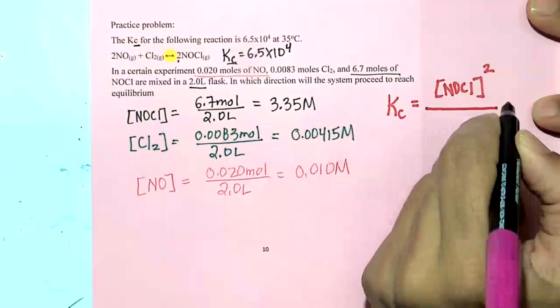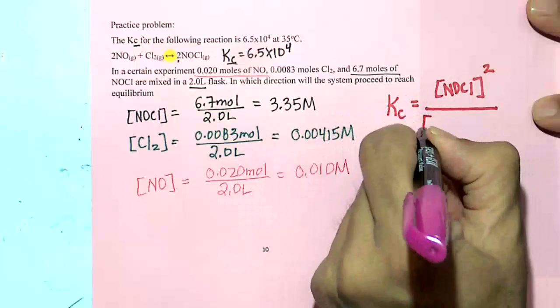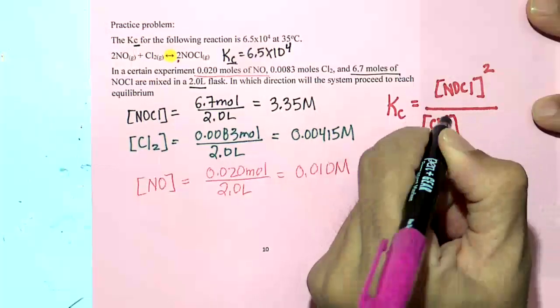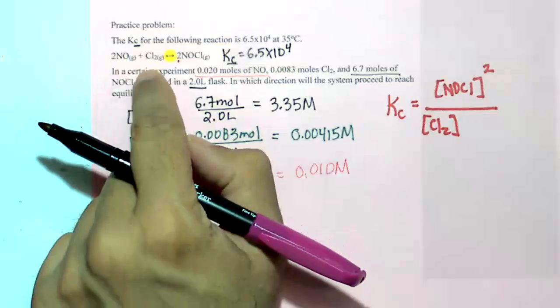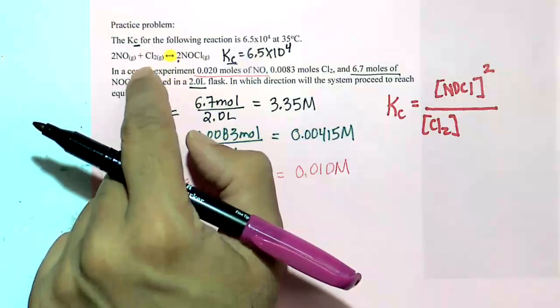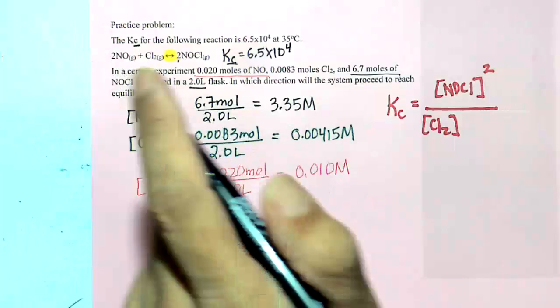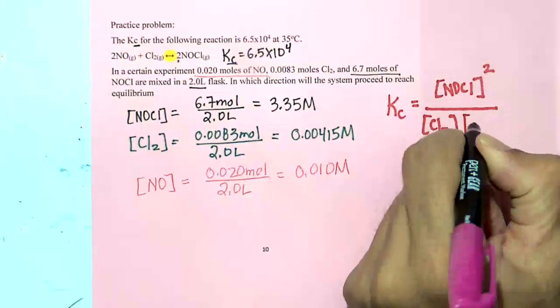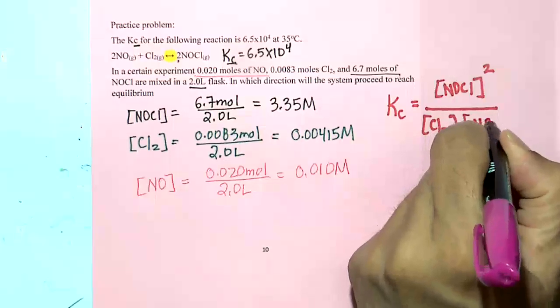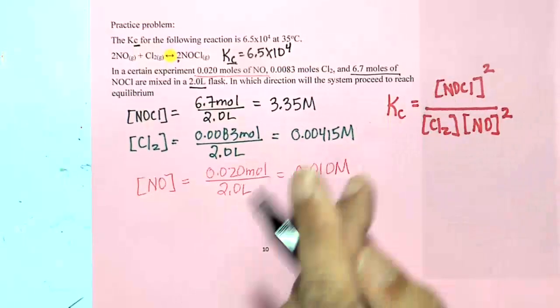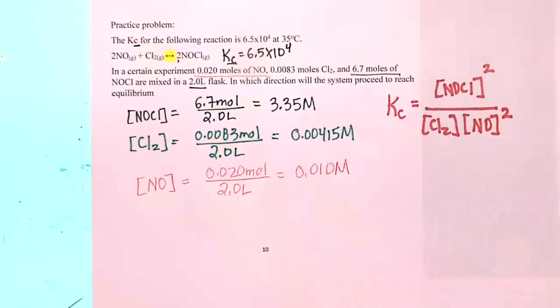Excellent, we should square it. Products over reactants. Cl2, what should we do with that Cl2? Is this balanced? Yeah, it's balanced. So it's raised to the power of 1. And this NO, what should we do with that NO? We should square it.